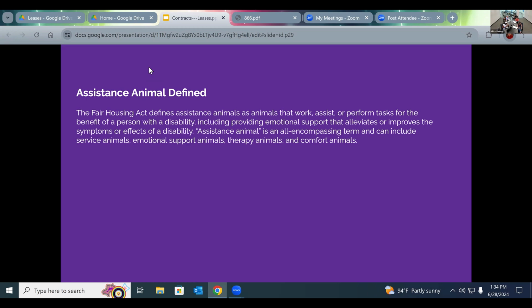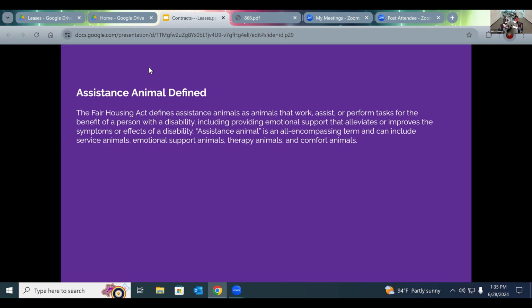They have to have personal knowledge of the tenant. They can't get it online. Last year, I think, the state of Texas made it up to a $10,000 fine if someone does a fraudulent assistance animal.